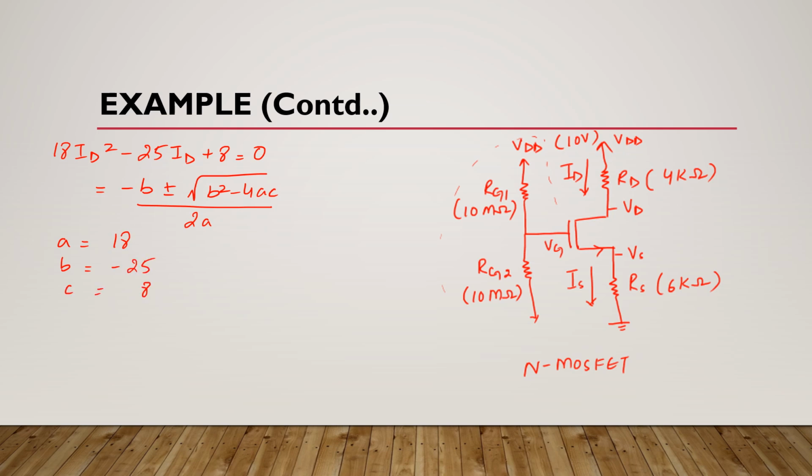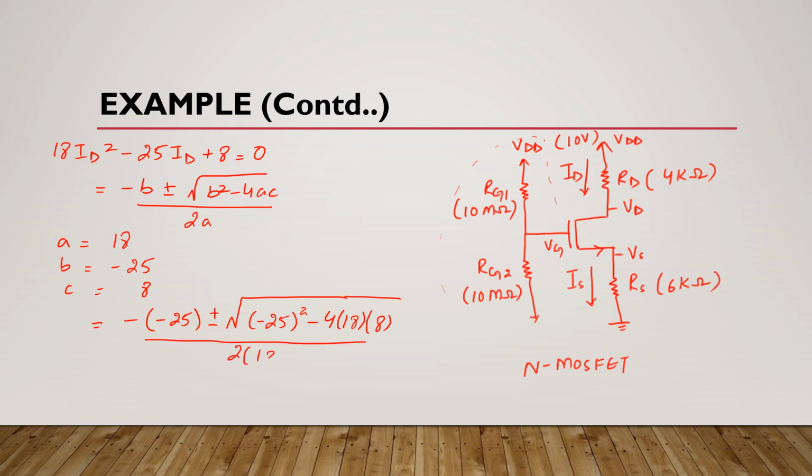Now we put all these values in this formula. We get minus of minus 25 plus minus under root minus 25 whole square minus 4 times 18 times 8, divided by 2 multiplied by 18.